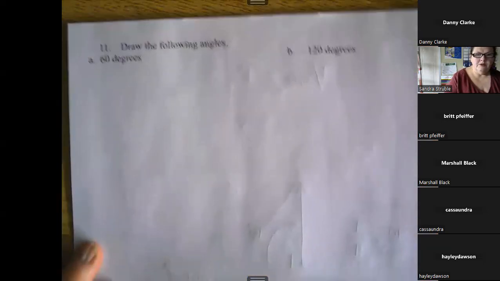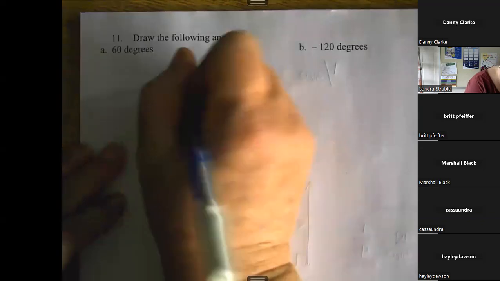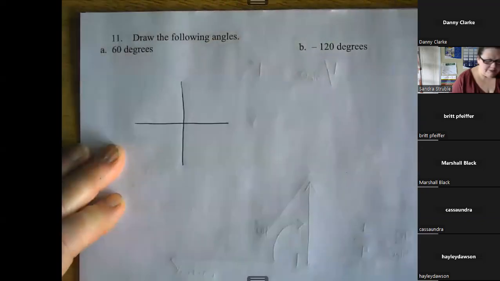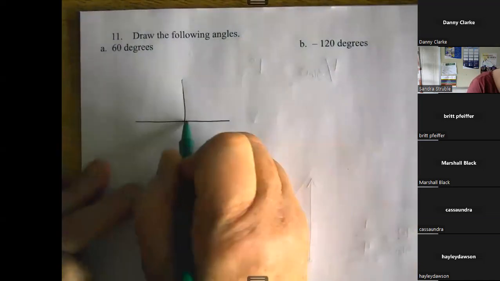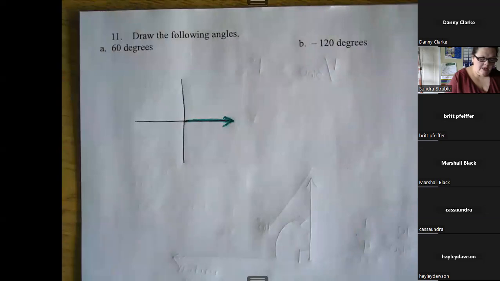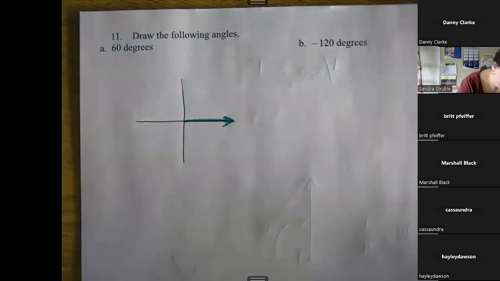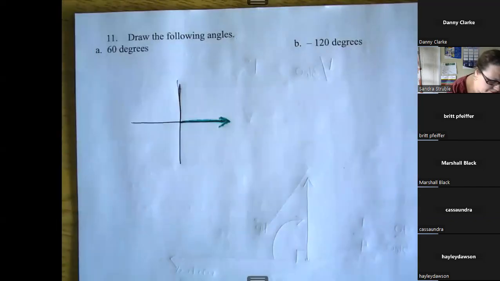Draw the following angles. Well, I don't have a protractor and I'm not really good at these, but I'll do my darndest. Okay, so 60 degrees. Cartesian coordinate system, I tend to always draw that. I need to know where my initial side is. And then the way I look at this is I break down, because I know if it was straight up and down, it would be 90.